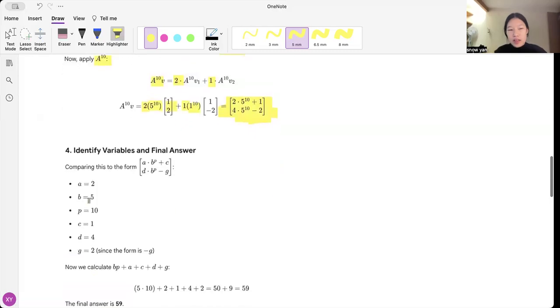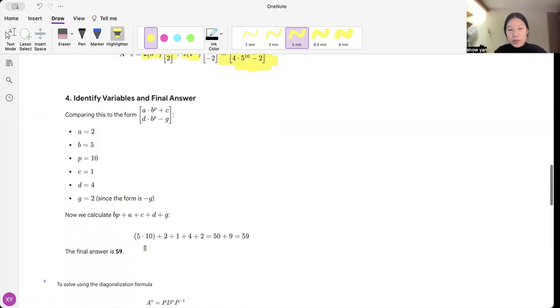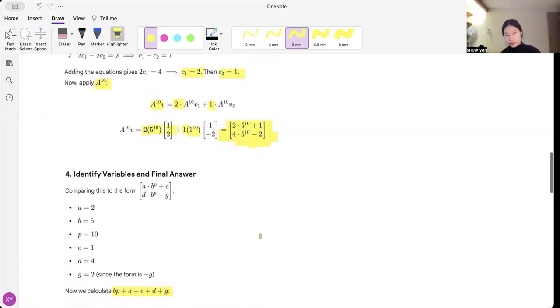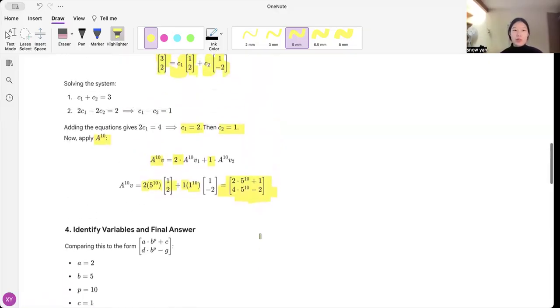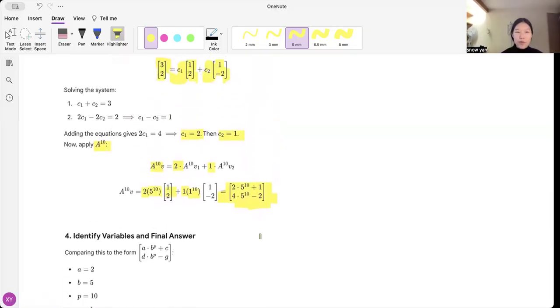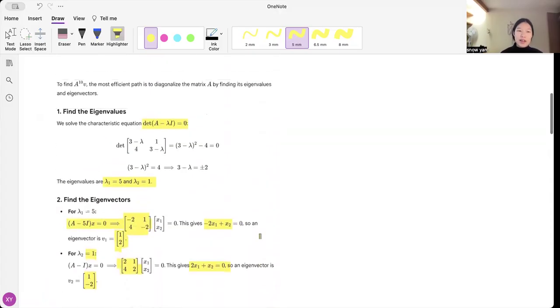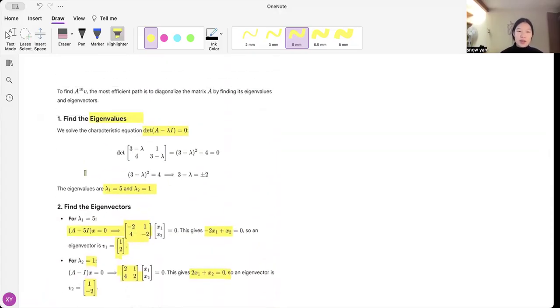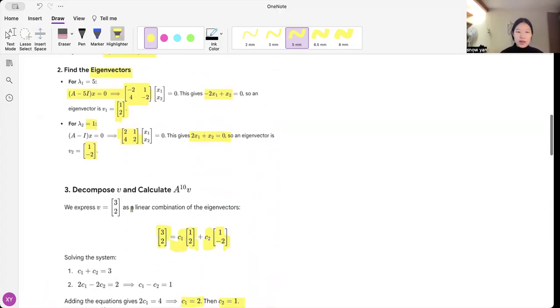And then obviously in the end, it's just matching the coefficients up, and we just sum it up based on what they need, and we get this value. So I think this approach is pretty straightforward. You have to get the eigenvalue and eigenvector before you can do anything, and then you solve it.